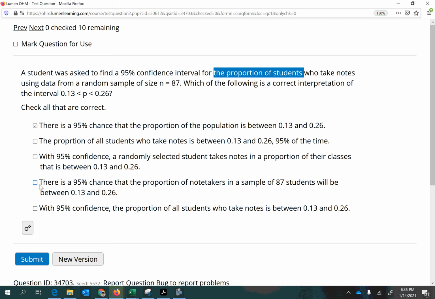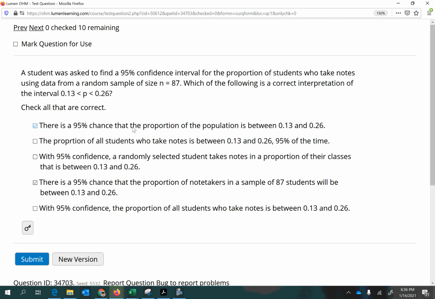The fourth one says there is a 95% chance that the proportion of note takers in a sample of 87 students will be between 0.13 and 0.26. That option sounds very similar to the first one I selected, so let's identify the difference. This one also says there is a 95% chance.